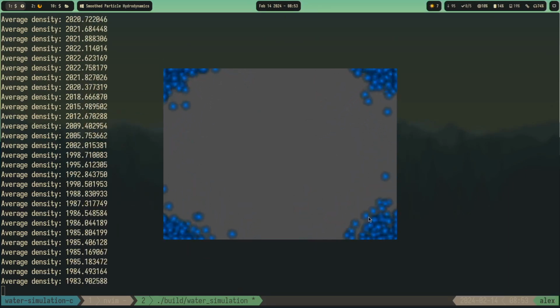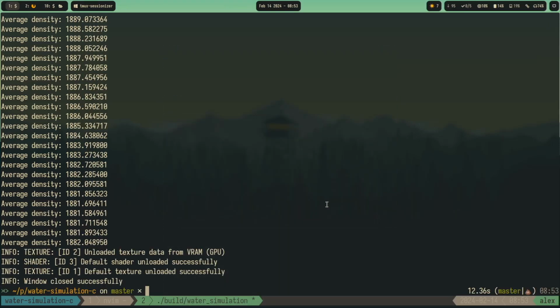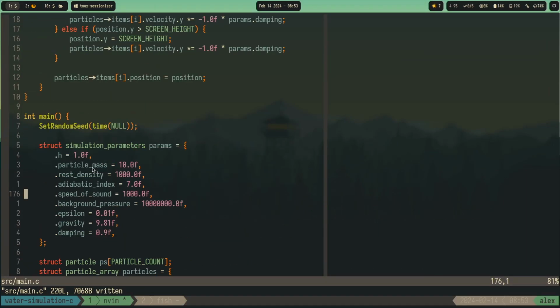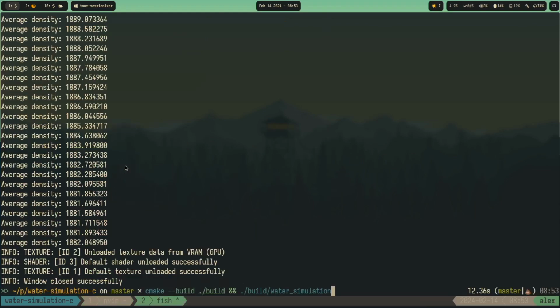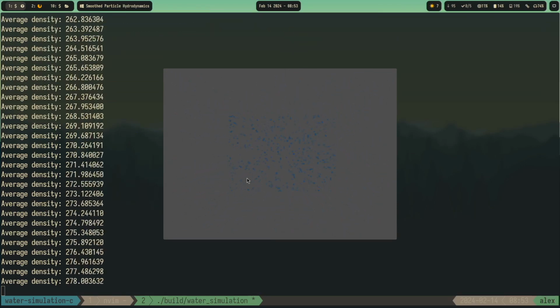Yeah, and basically we just showed the density. But as I said, when we increase the number of particles, the parameters change.